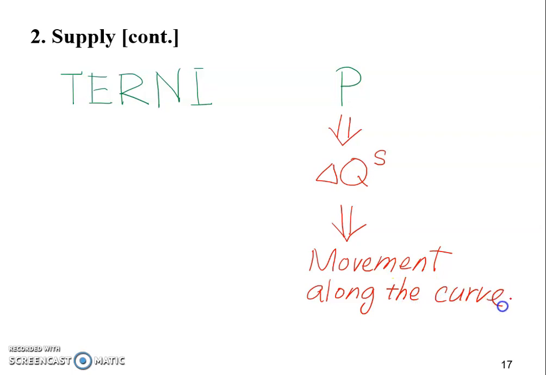If the price goes up, we move up along the curve. Vice versa, a lower price leads to a movement down along the curve.